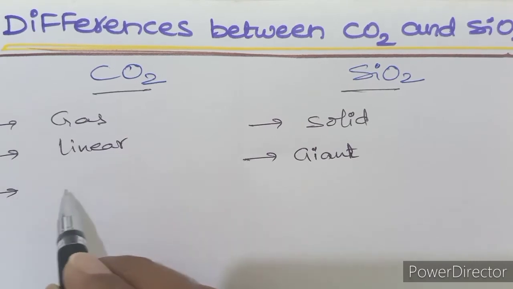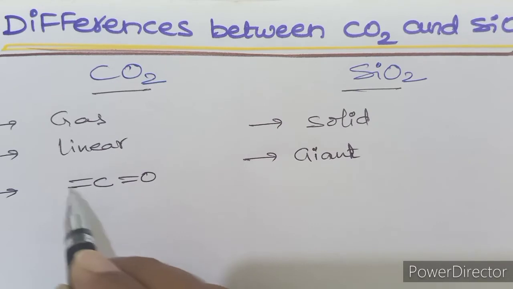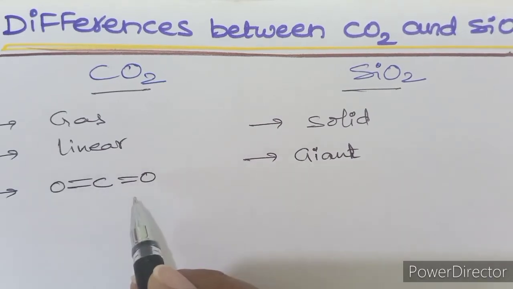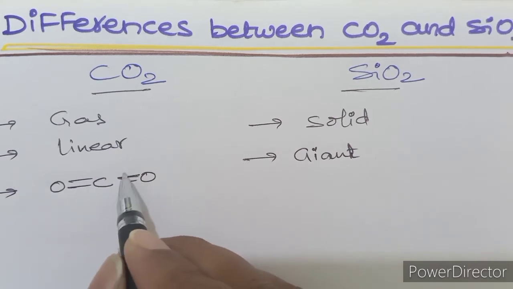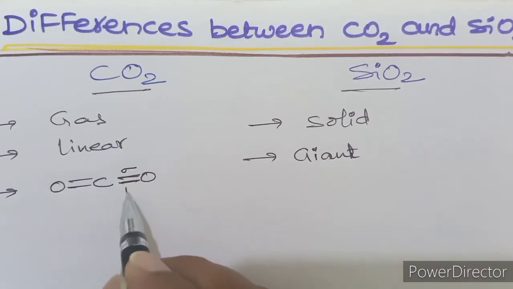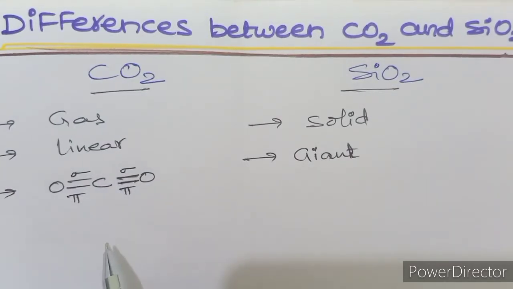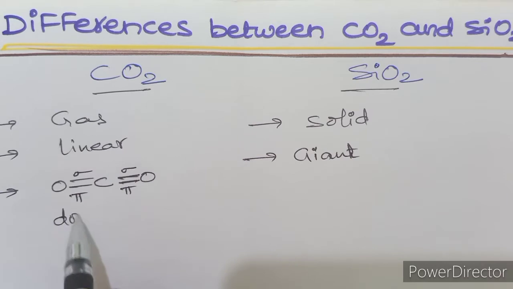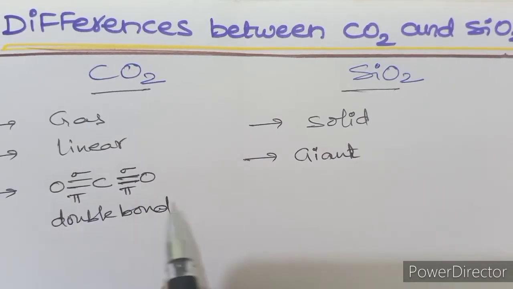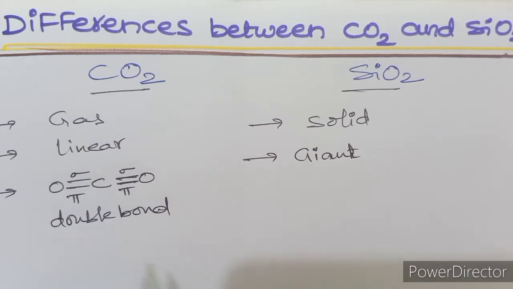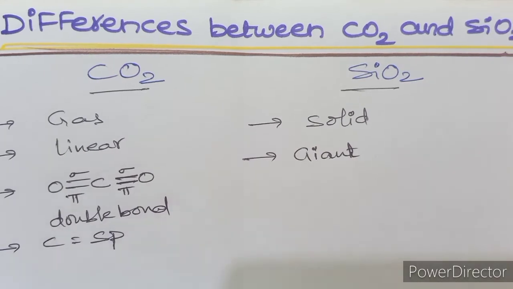And in CO2, a double bond is present between carbon and oxygen atoms. In between carbon and oxygen atoms, one sigma and one pi bond is present, and the carbon undergoes sp hybridization.